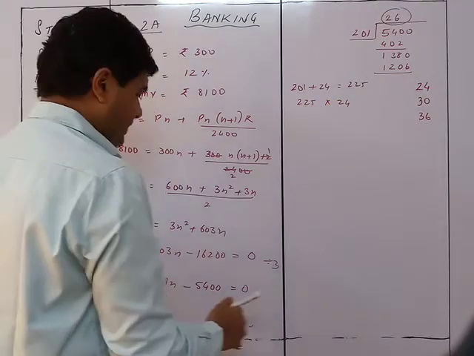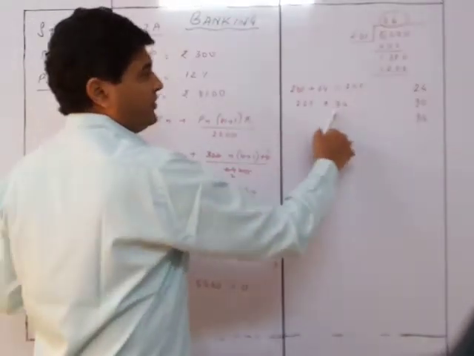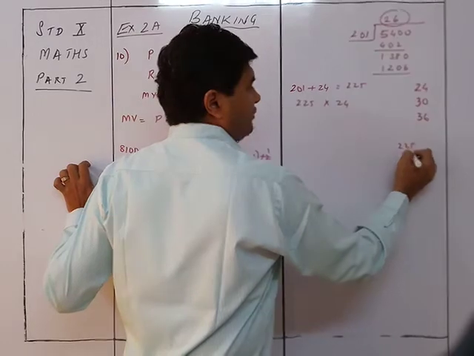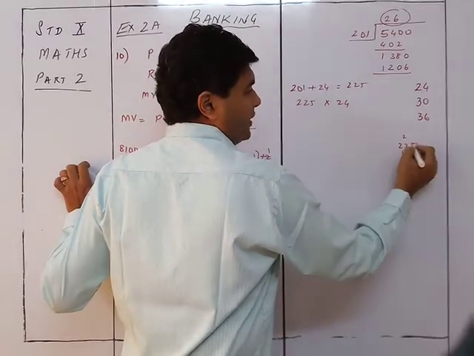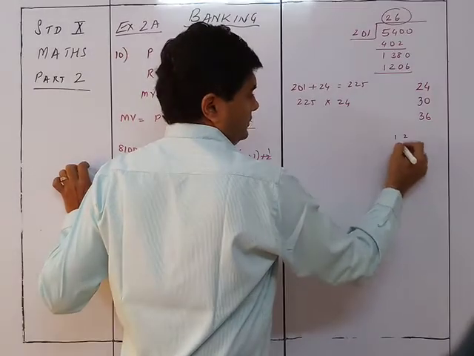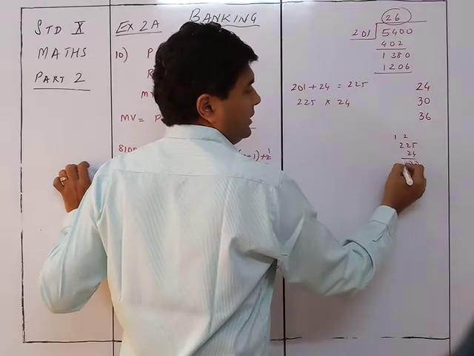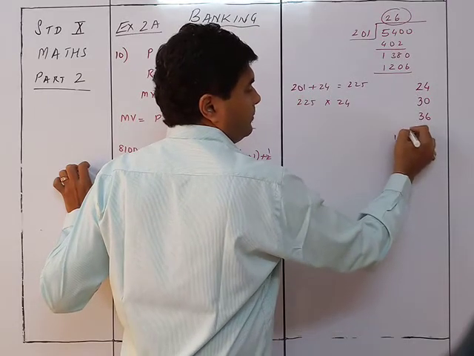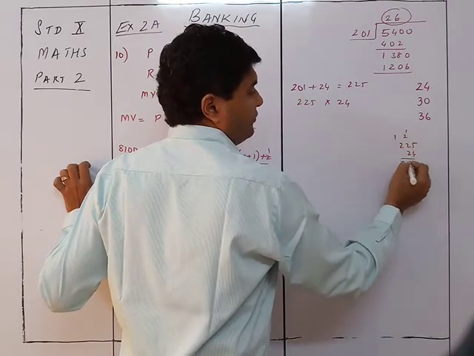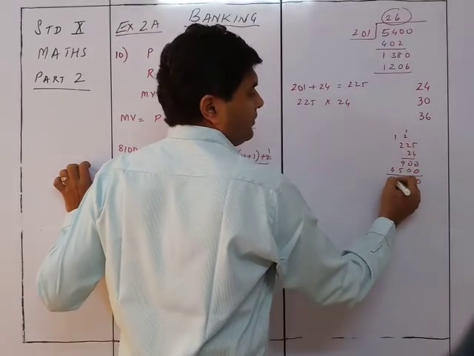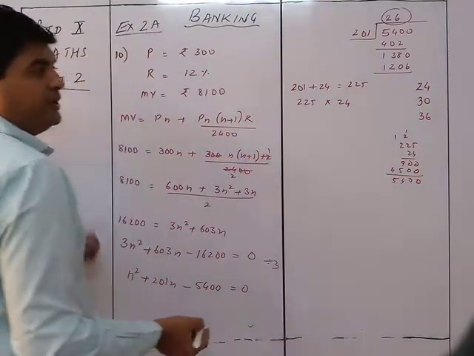Let's check whether you're getting 0 over here. 225 into 24, 5 fours are 20, so let's see. So this will be 0 0 4 5. Oh, nice, we got it in the first stroke itself.